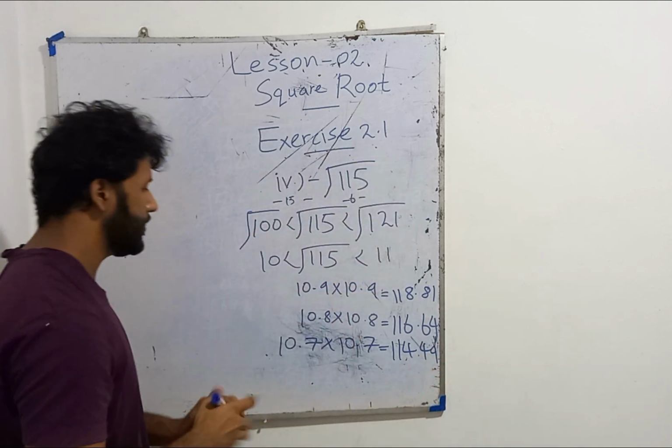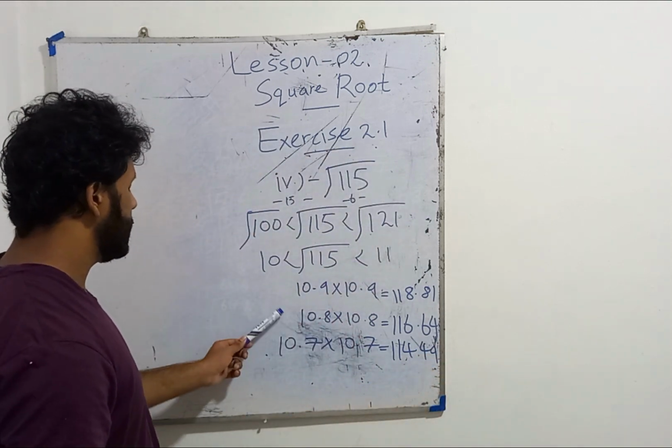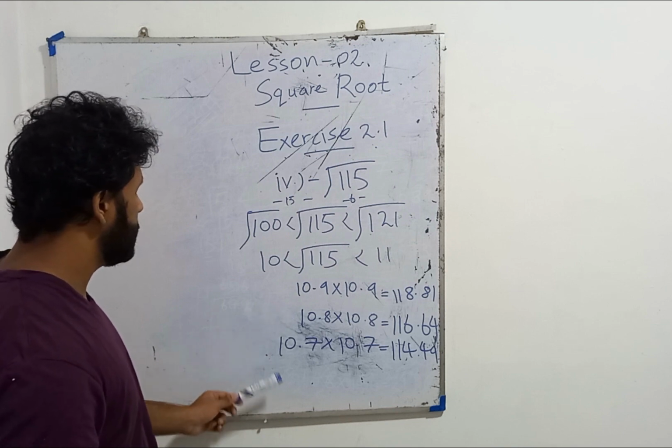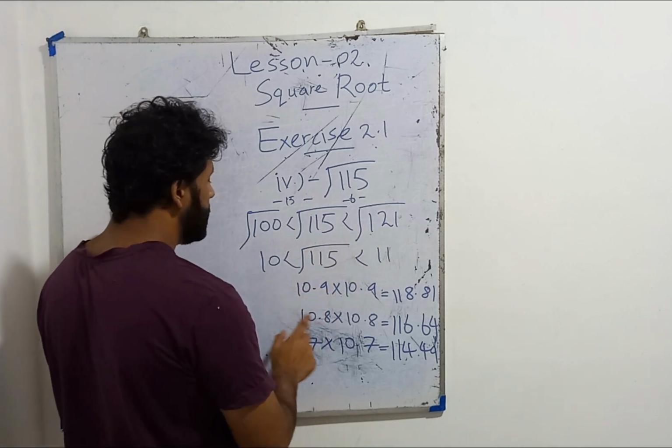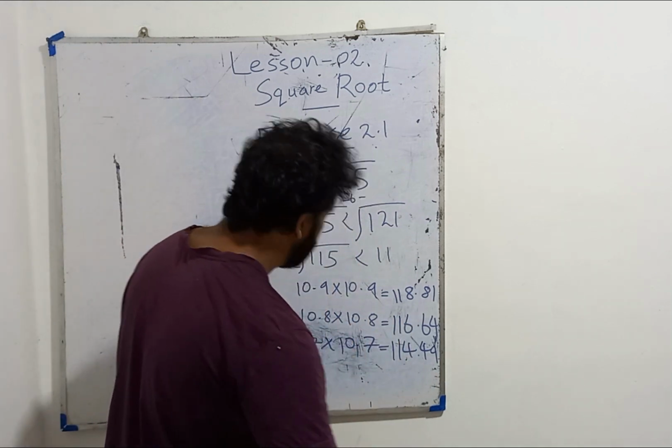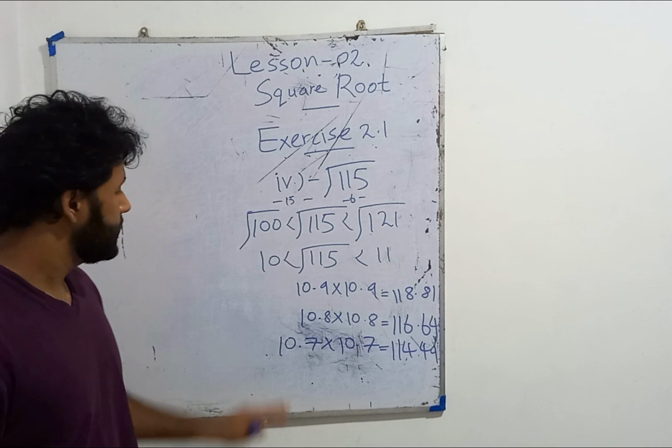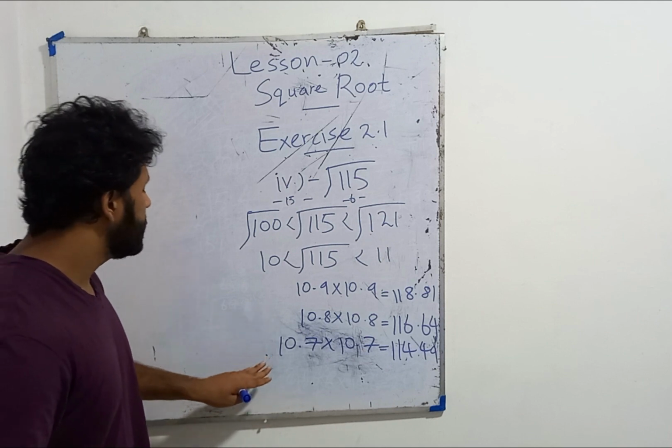Okay, that's enough, right? So it's either 10.8 or 10.7. The square root of 115 is going to be 10.8 or 10.7.